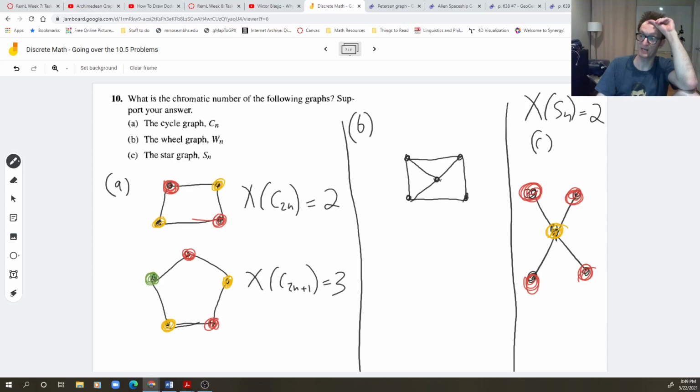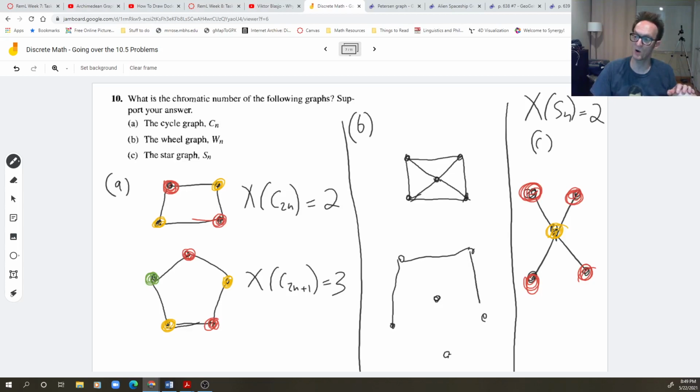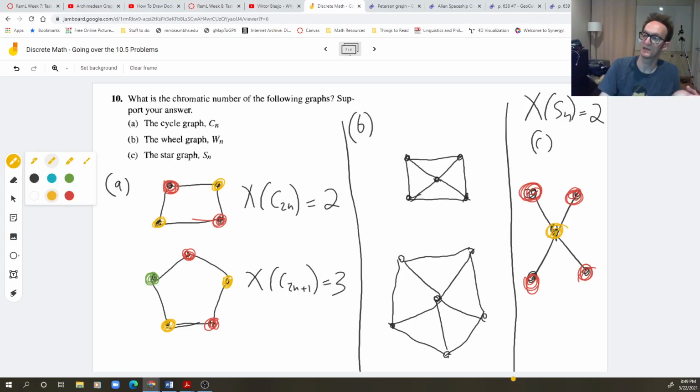Now, because the vertex in the center is adjacent to every other vertex, a whole additional color is going to be required. And so, if I've done this correctly, then yes, I can make all these different colors. I can color the outside with just 2 colors, but then the inside has to be a new color. So that's going to always require 3.